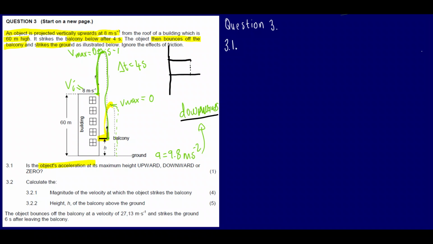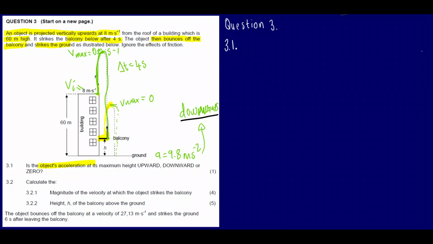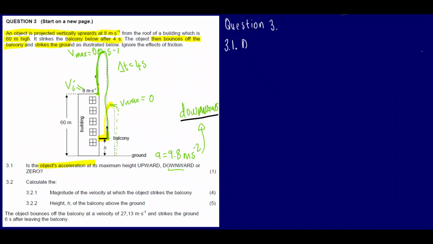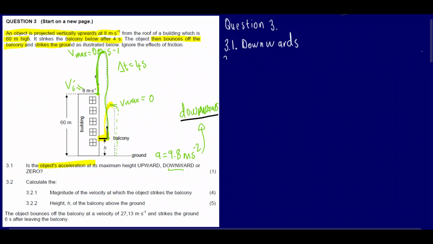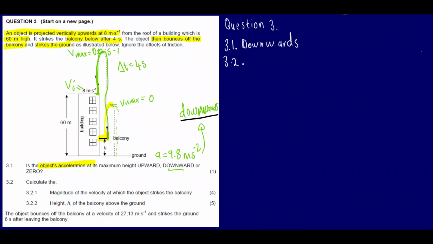But the moment the object is in free fall, the acceleration is still 9.8. Let's not talk about that too much, but rather focus on solving these problems. So the direction here would have been downwards.